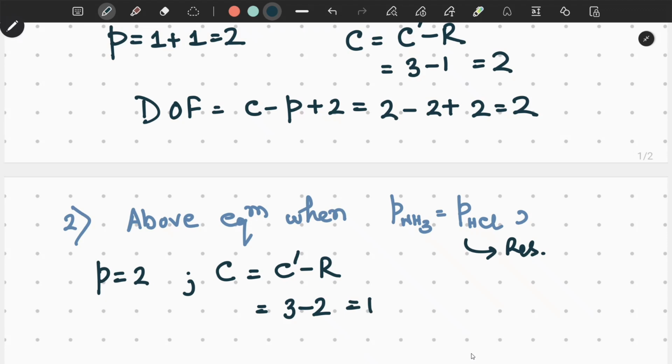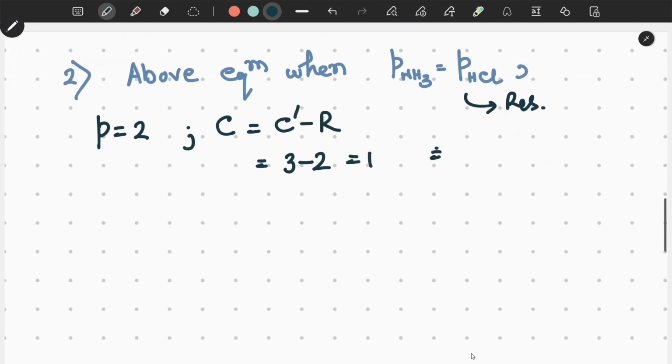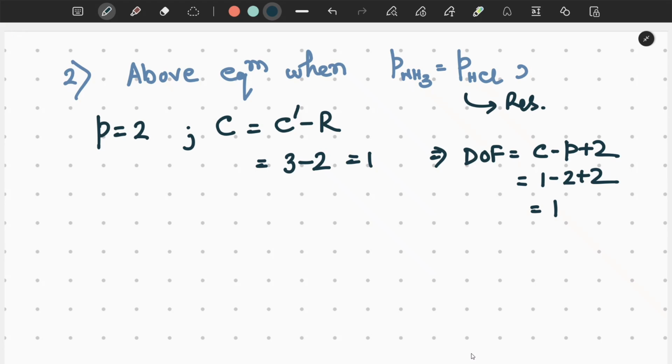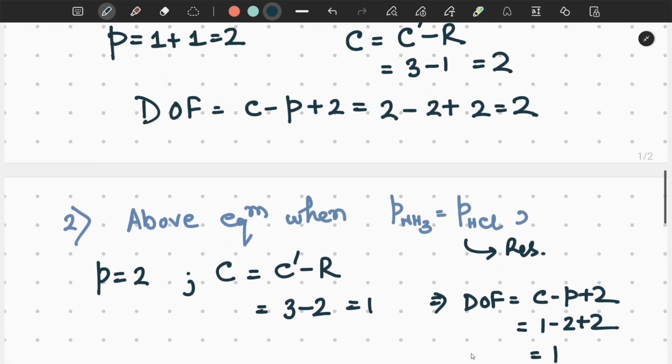So eventually one restriction, one component. Therefore, degrees of freedom will be C - P + 2 = 1 - 2 + 2 = 1. So you see, only temperature you can choose now because I have already fixed that the partial pressures should be the same. So I cannot choose the pressure.